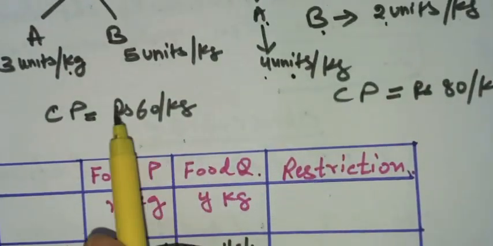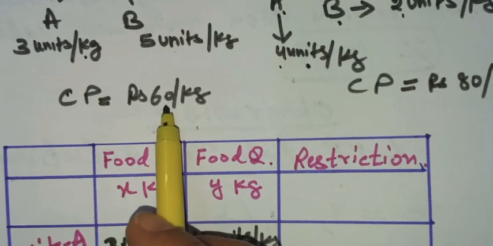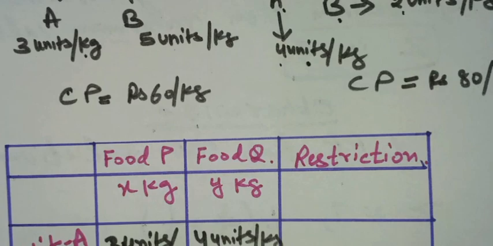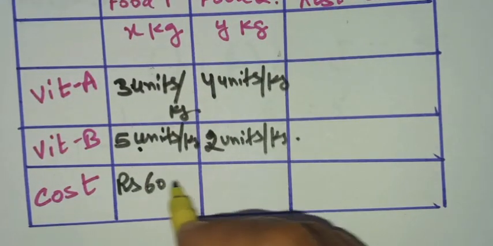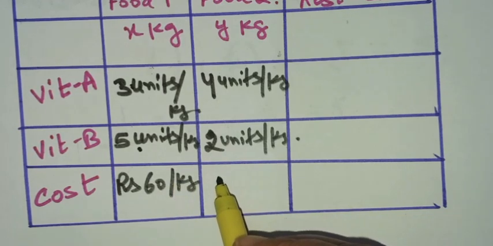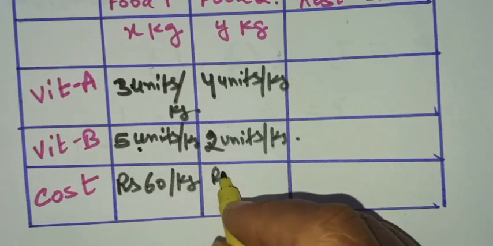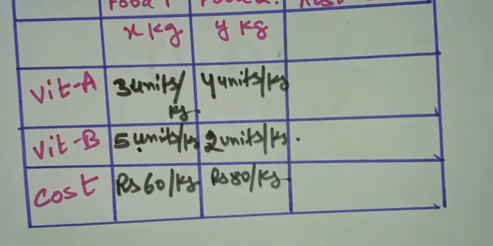Now let us see the cost price of food P. The cost price of food P is rupees 60 per kg, I write it here, and the cost price of food Q is rupees 80 per kg.